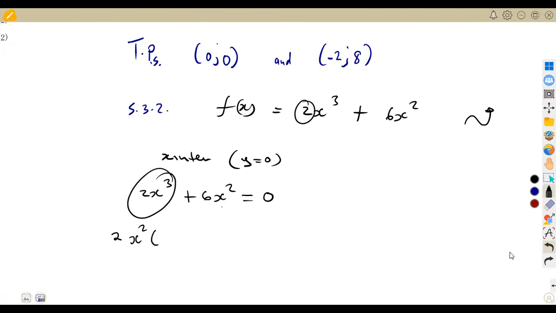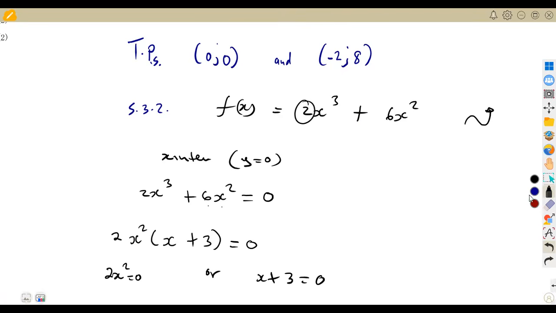So 2x cubed divided by 2x squared gives x, and 6x squared divided by 2x squared gives 3. One of these must be equal to 0, so 2x squared must be equal to 0, or x plus 3 must be equal to 0.